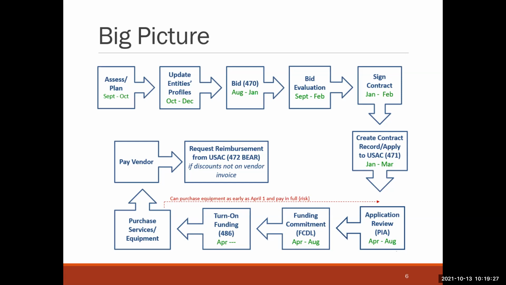Once you do that, then you're going to have two steps that are going to occur basically simultaneously. Looking realistically that we're now in October, once you complete your assessment, you can skip to the third box and actually prepare and file your Form 470, your bidding request form.